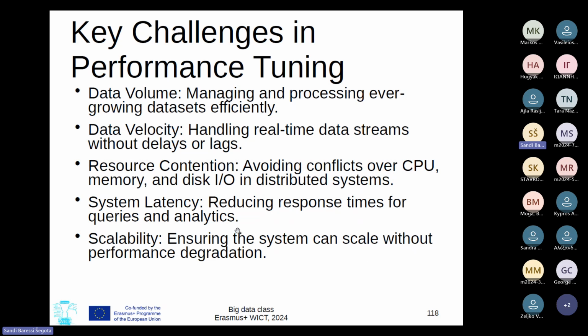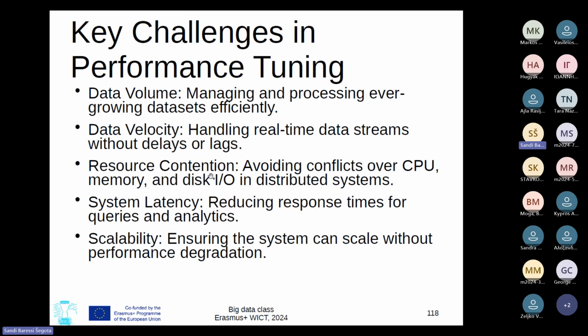Right. System latency is basically how you are going to reduce response times. From the time when I put in a request and say, hey, I want to see how many sales there were in a certain store, and I hit enter, to the time the information gets back to me, that is the query response time.